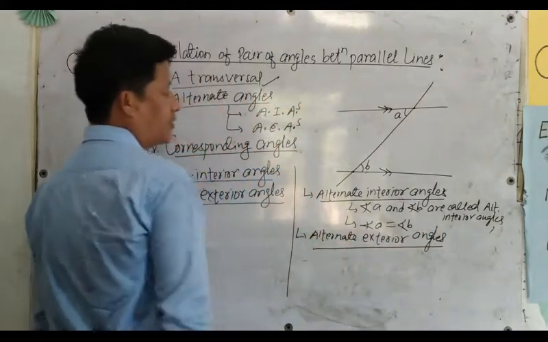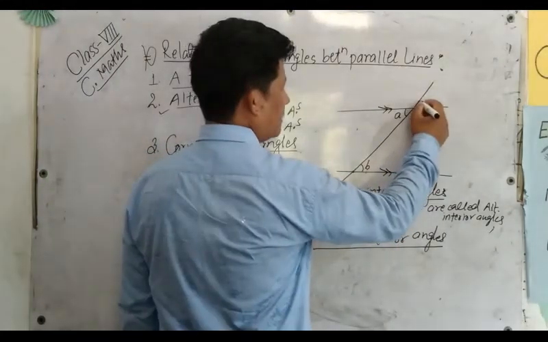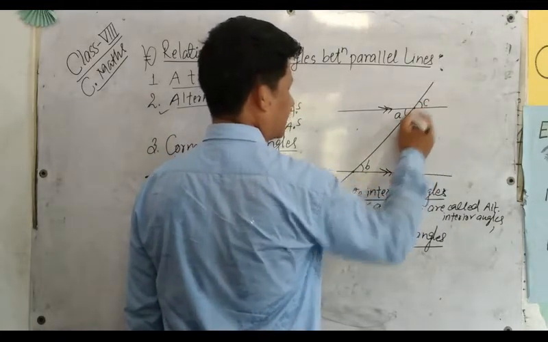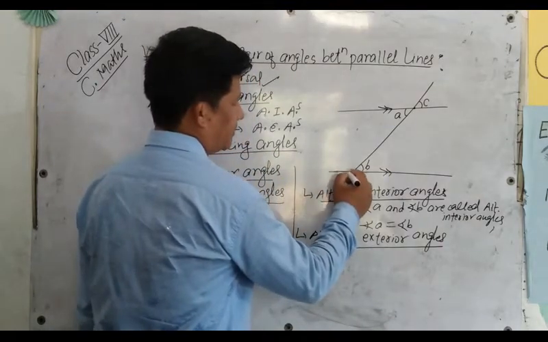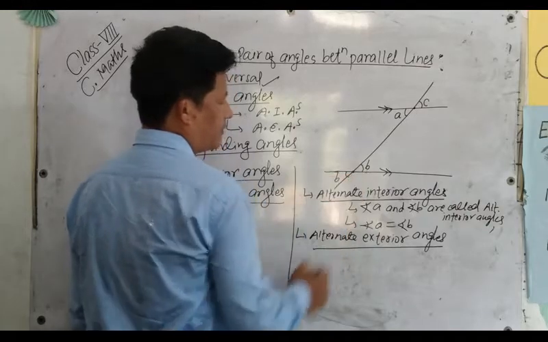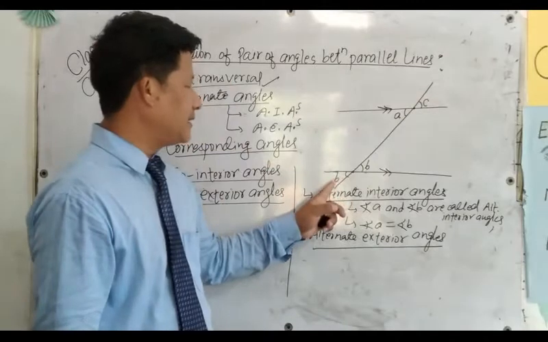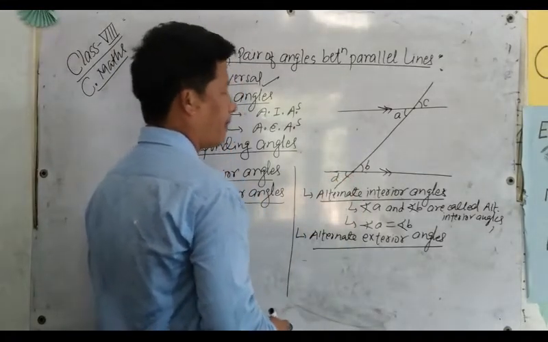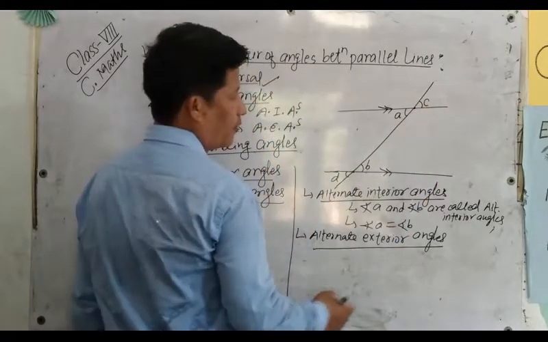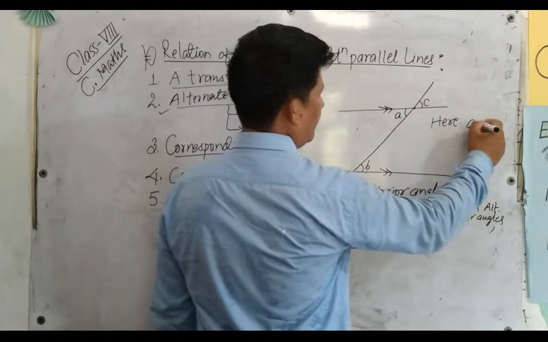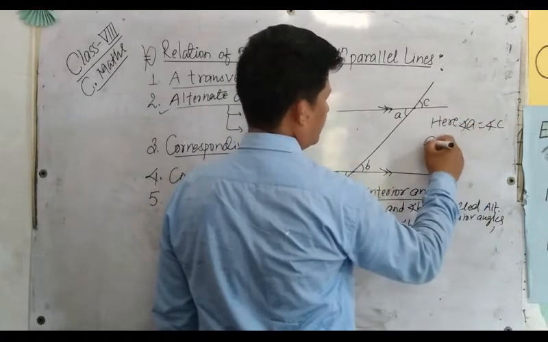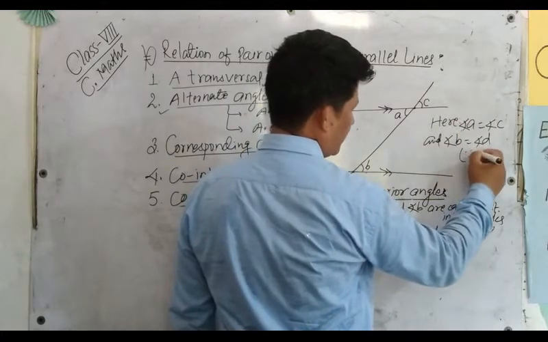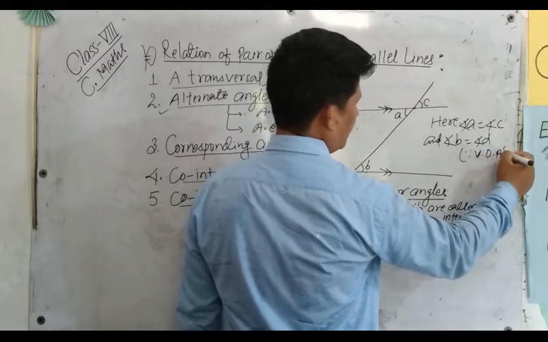Suppose this angle is C and this angle is D. Then we can write angle A equals angle C and angle B equals angle D, because they are vertically opposite angles.